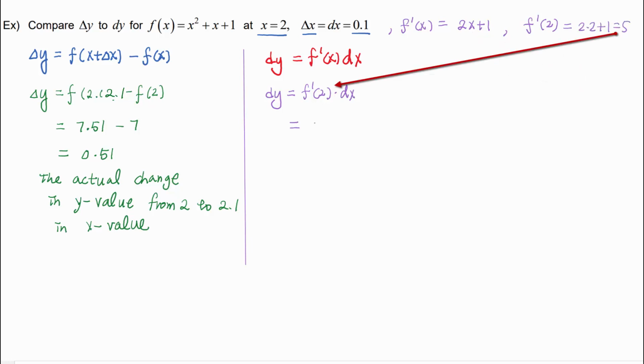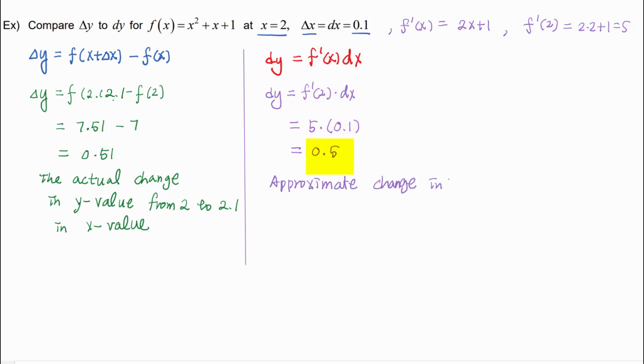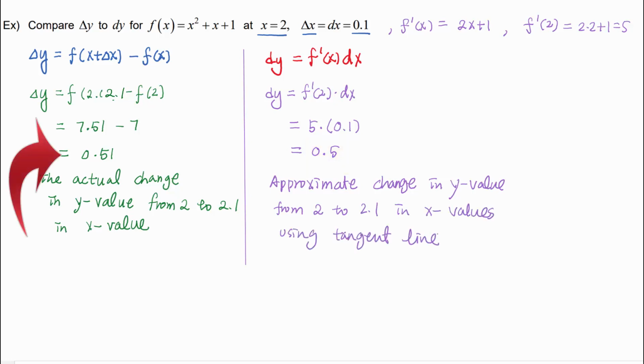So it is equal to 5 times, remember dx is exactly equal to delta x all the time, so that's 0.1. And when you multiply, you get 0.5. And what is this? This is the approximate change in y values from 2 to 2.1 in x values using the tangent line. And this was the actual change using the original function.